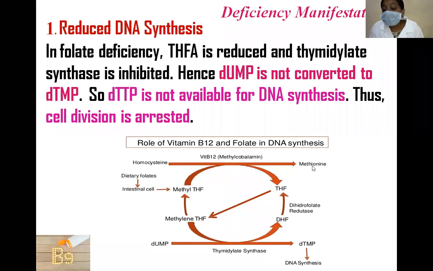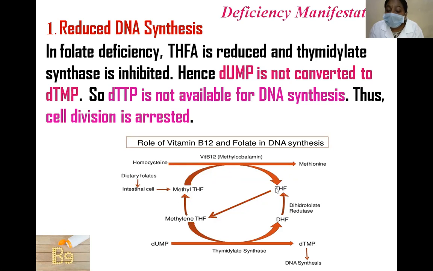Homocysteine is converted into methionine in the presence of vitamin B12. The dietary folates in the intestinal cell are converted into methyl tetrahydrofolate. In the presence of vitamin B12, it is converted into tetrahydrofolate. In the presence of dihydrofolate reductase, it is converted into dihydrofolic acid.